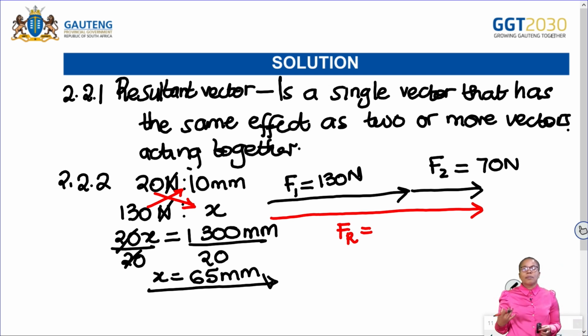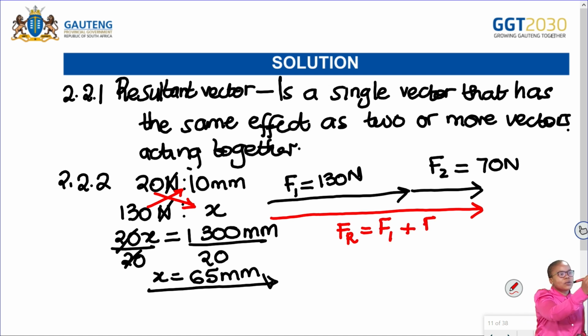We have implemented in this case a head to tail method, because where the head of F1 is ending, I have joined the tail of F2. So now FR, in which direction is this going to go? Am I even right to point it in that direction? Now let's find out.